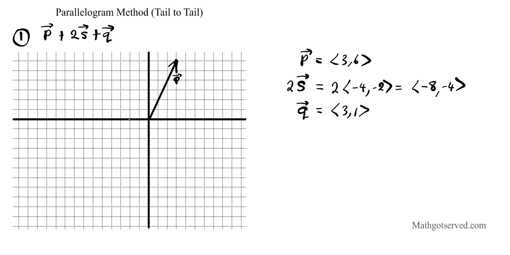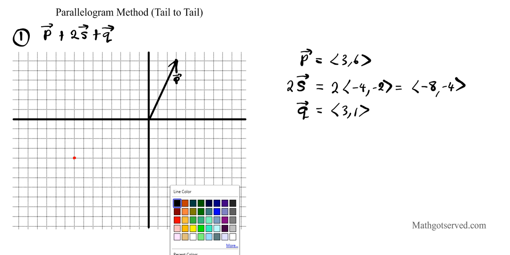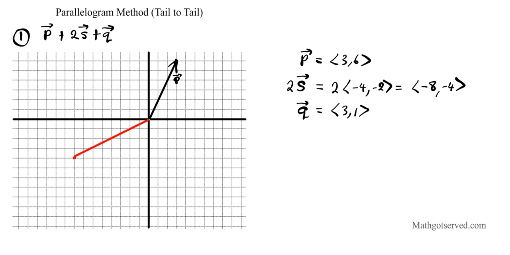So we're gonna go to the left, 1, 2, 3, 4, 5, 6, 7, 8, and then go down 4, 1, 2, 3, 4. All right. So there goes vector 2s. Let's draw that in red. So this vector right here, this is vector 2s.